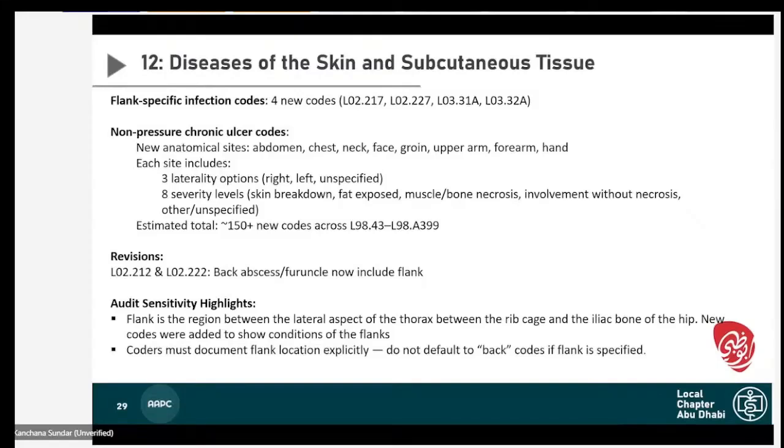So please be informed that if you see flank tenderness or flank injury, don't default it to back, because we used to do it like that, but it is not necessary anymore. We have a specific code to properly code it to flank.